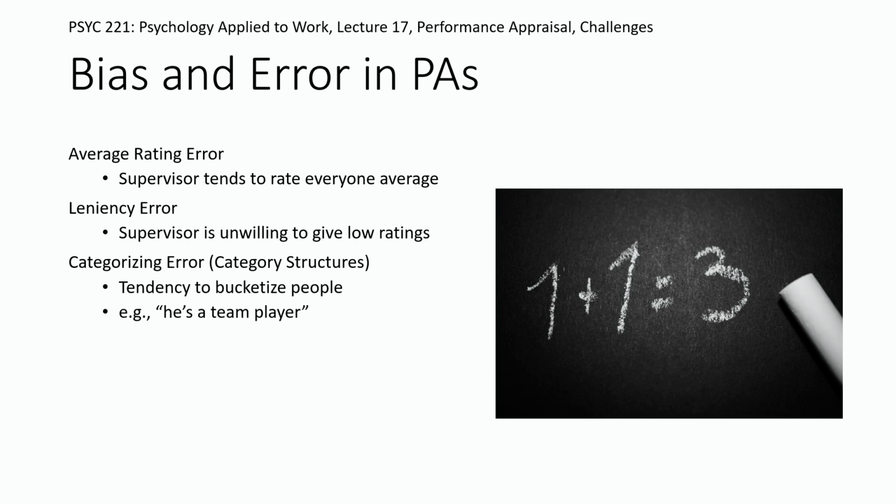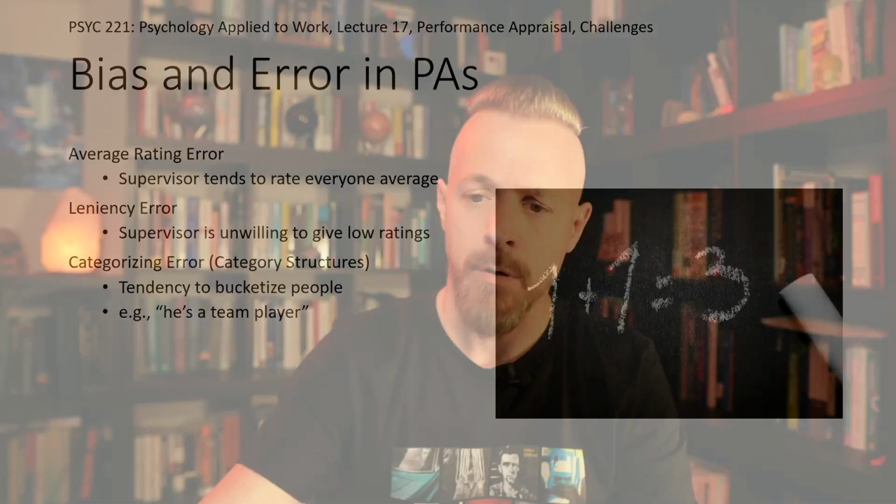Well, I'm not saying that that's not a thing you can say or a thing you can think, but be careful to make sure that you haven't created some really, really broad definition of what that is. And once you've bucketized somebody, so it's one thing to say that Jill in this circumstance did some great things for the team, and she really put the team's success over some of her own priorities, and she was a real team player in that circumstance.